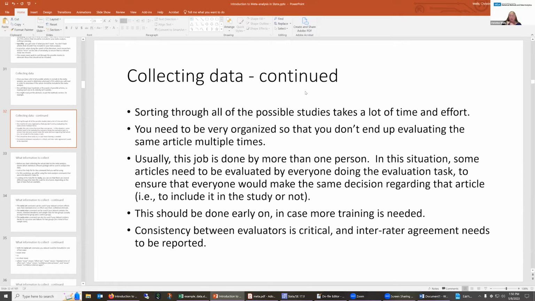You need to train everybody to whatever standards. This really should be done very early on. And the inter-rater reliability is something that you will have to report, which is why you want to do it early and you want to do that well, have that number nice and high.